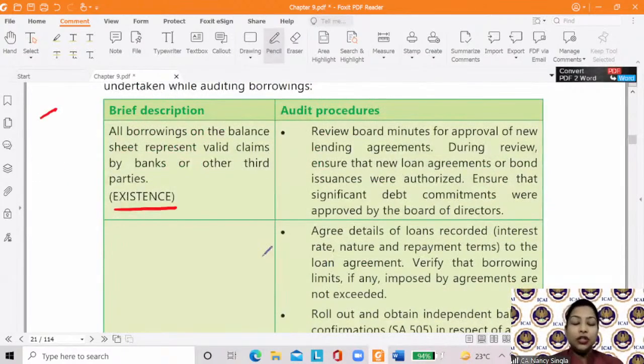If an auditor has to verify the existence of borrowings, be it in the form of a loan from a bank or financial institution or any debentures that have been issued, what all audit procedures will the auditor have to perform?